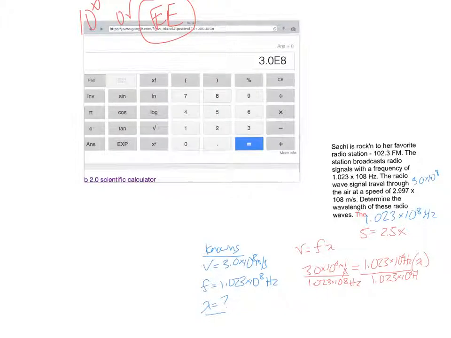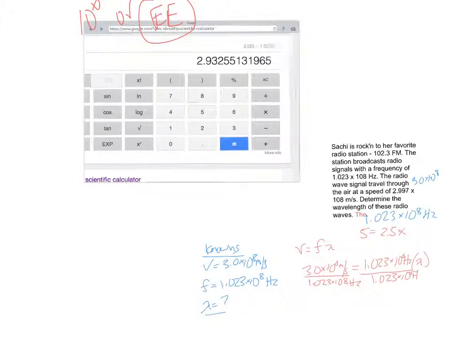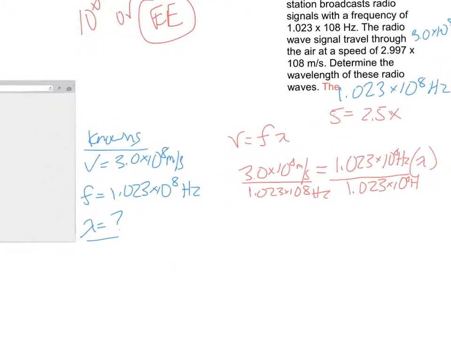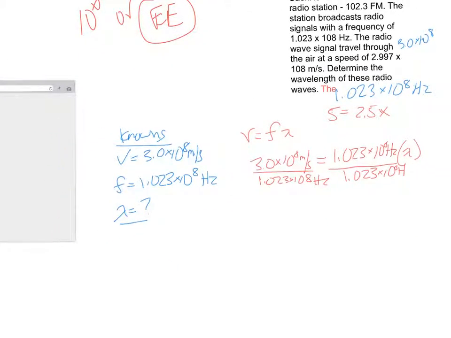Come on. There we go. 2.93. So, we can bring that back here. And we said now that the wavelength is equal to 2.93. And now we need our unit.